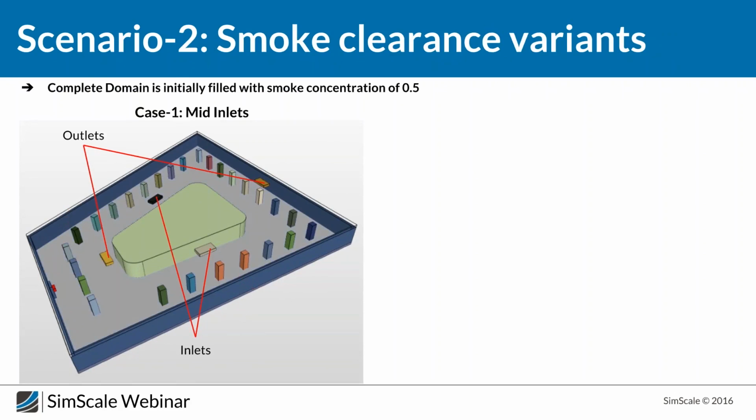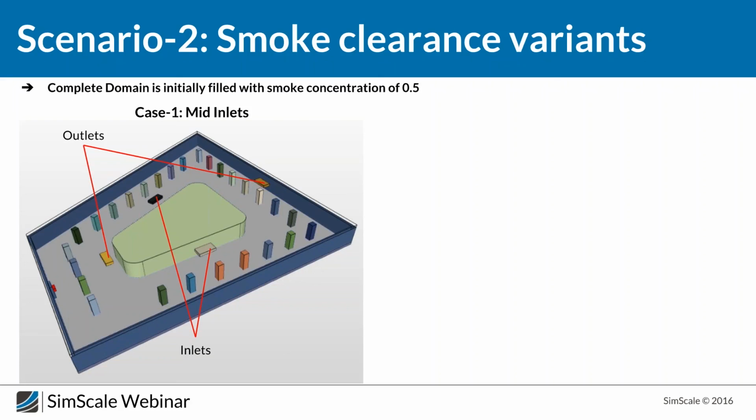And in scenario 2, we initially are going to fill up our domain, our complete garage, with smoke. We add a concentration of 0.5. This kind of reflects the ratio between the clean air and the smoke; 0.5 is an indicator of this ratio.